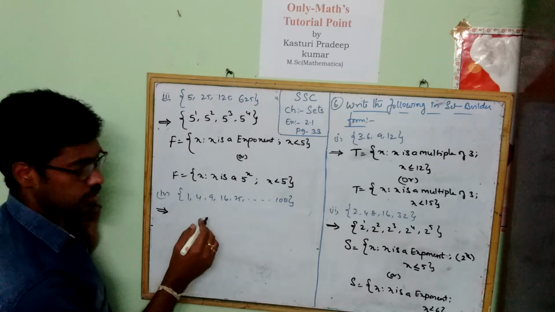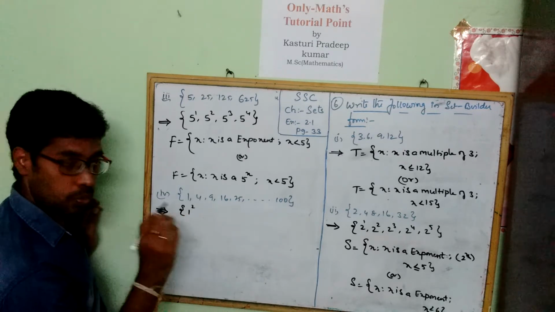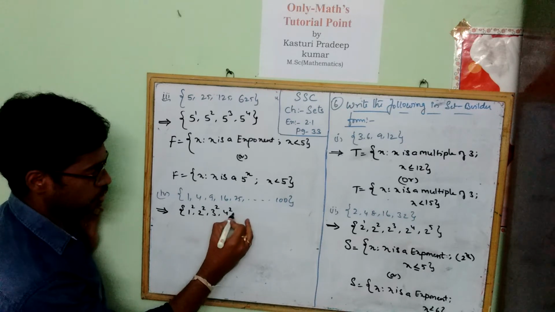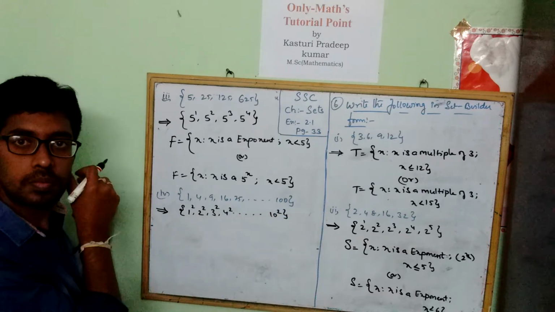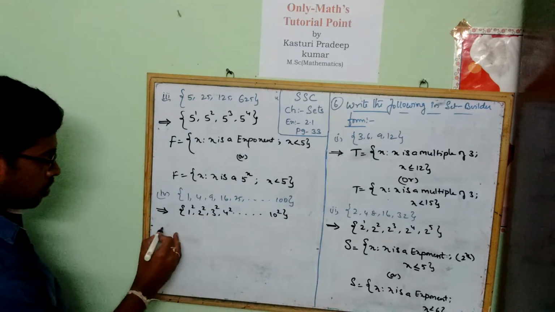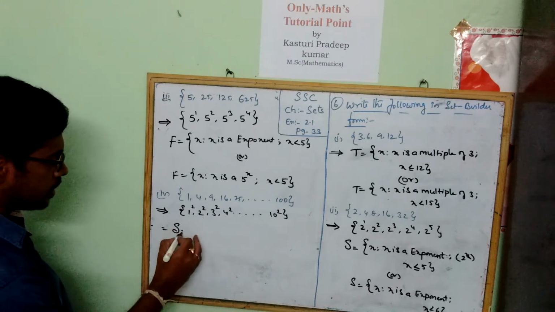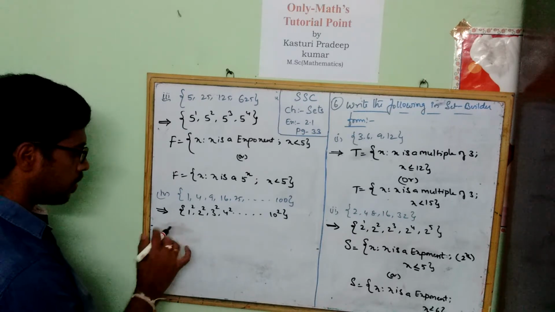How is this? 1 square is 1, 2 square, 3 square, 4 square, and so on up to 10 square. It is in this format, right? How do we write this in set builder format? So it is also a square. You can give the same name S, or better give another name as Q.